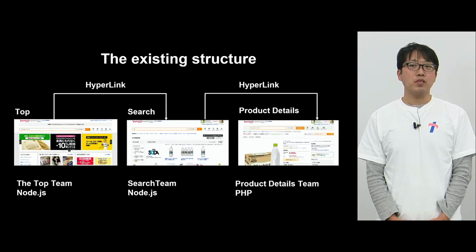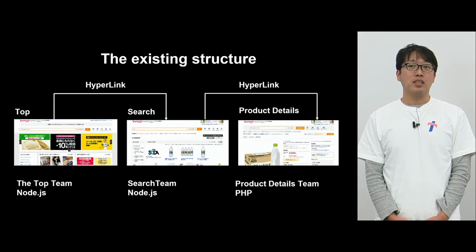This is a recap of what I have explained. This is a common structure, but it's a pattern of micro front ends in a wide definition. The top page, search and product details, have separate teams and different applications. Their architectures are different. The language is different.